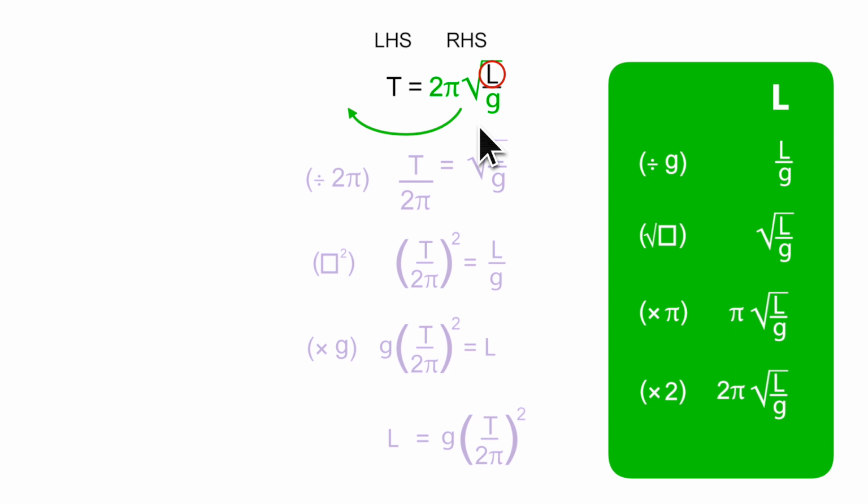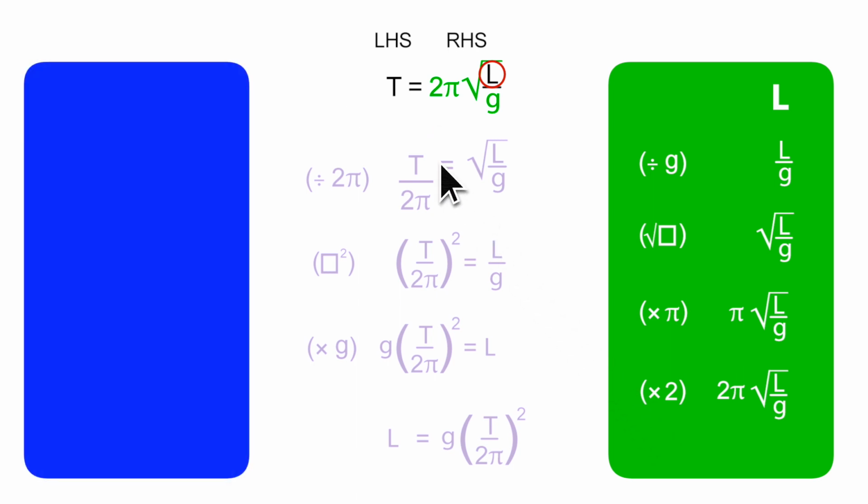So when we are moving everything over from the right-hand side to the left-hand side to leave L on its own, we are going to do the exact opposite to how we initially built up the expression on the right-hand side. I'll show you what I mean.